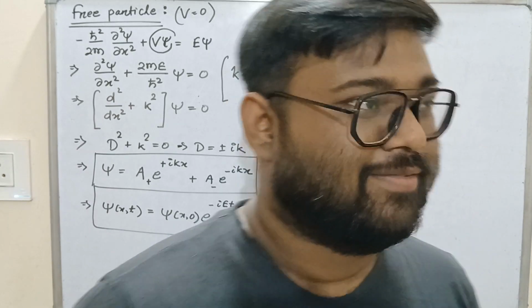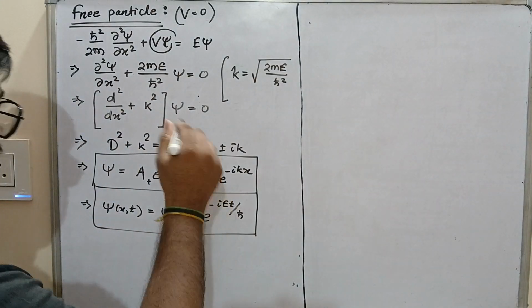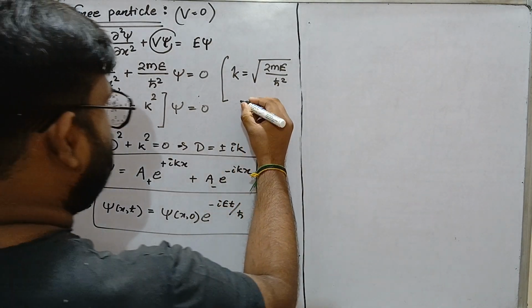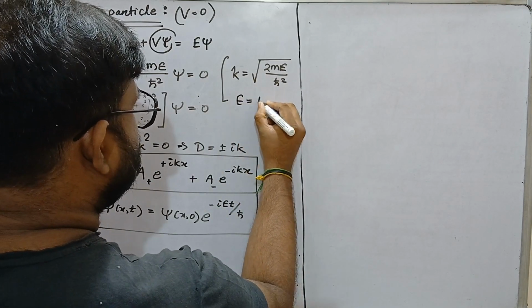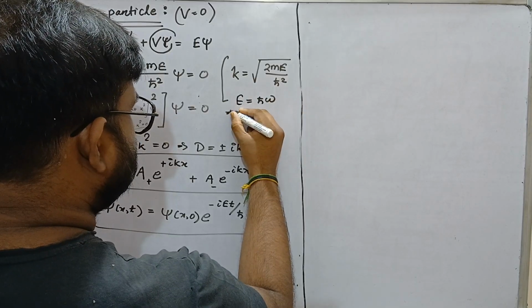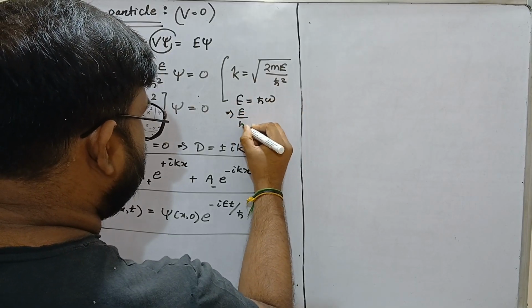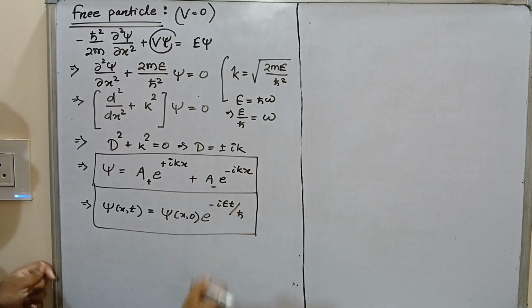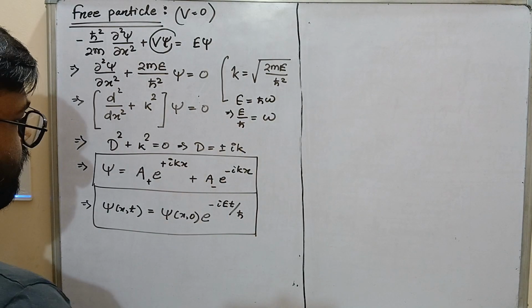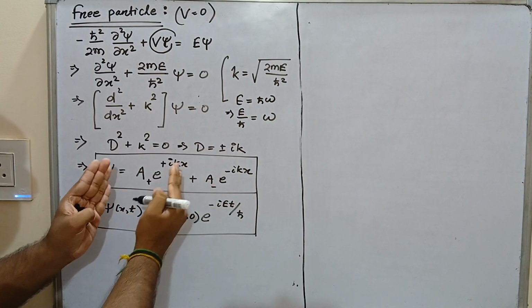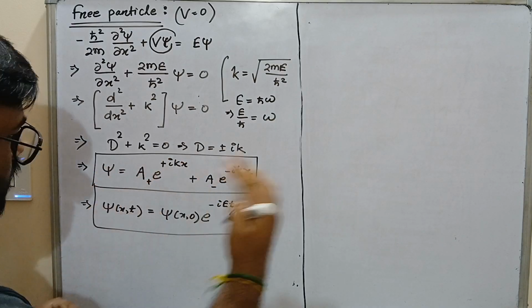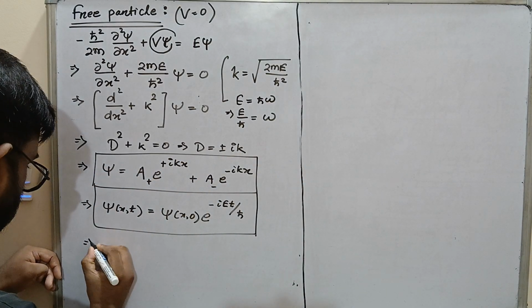I'm happy. Okay, now look at this. This is defined as this. We already know there is a formula E equal to h bar omega. So if I have to define E by h bar, we can define it as omega. Instead of E by h bar, I can write it as omega. Now look at this. When I put omega here, the exponential part is going to transform.